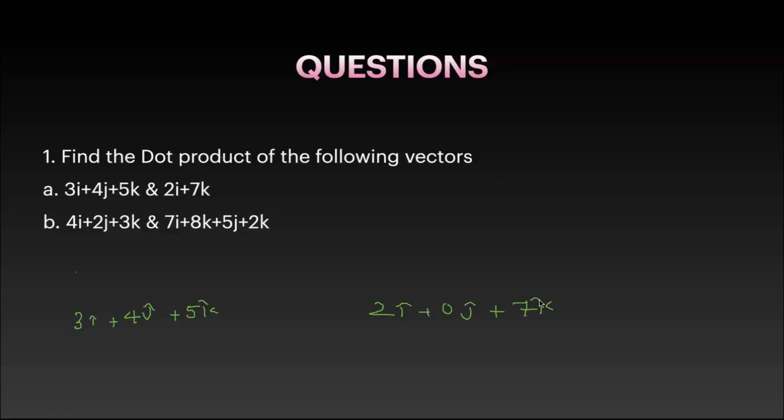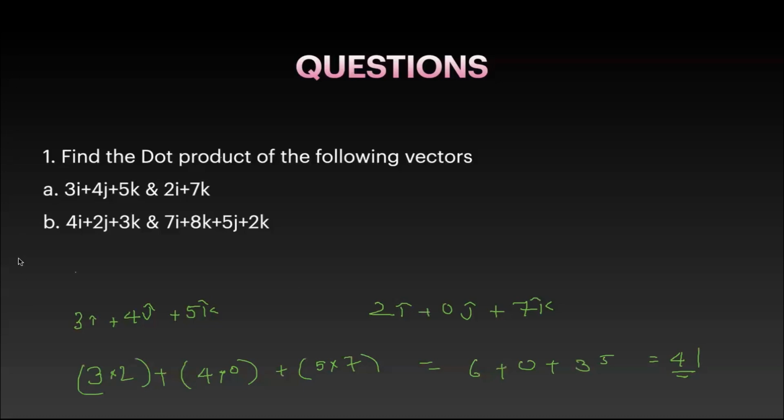How do you do it? You multiply the coefficients of i cap, which is 3 times 2, plus the coefficients of j cap, which is 4 into 0, plus the coefficients of k cap, which is 5 into 7. So that is 6 plus 0 plus 35, which is 41. I hope all of you understood how to find the dot product of the vectors.